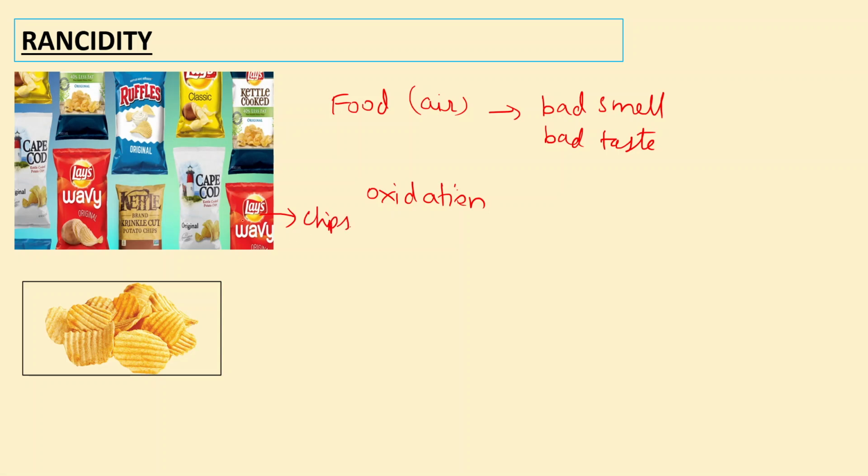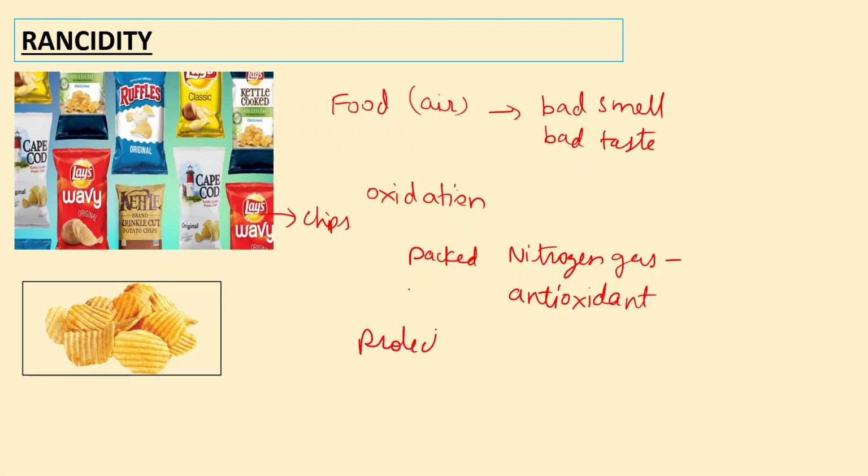It's very tasty, right? But how can you protect it for a long time? So these are packed with nitrogen gas. This is an antioxidant. It protects the food from reacting with oxygen, and the food is preserved for a very long time.